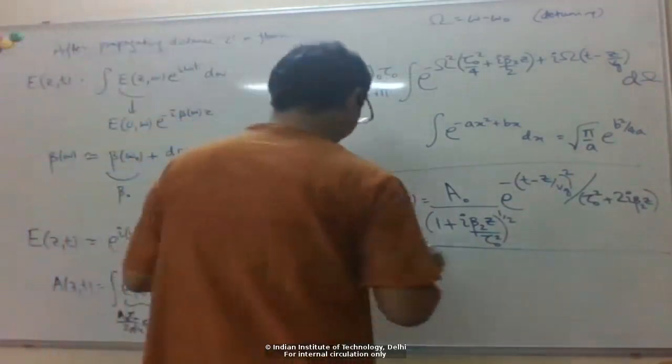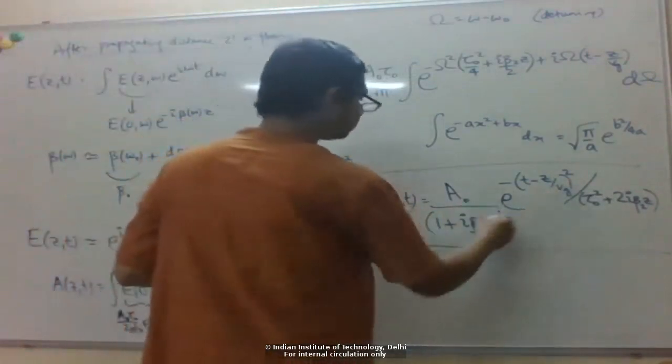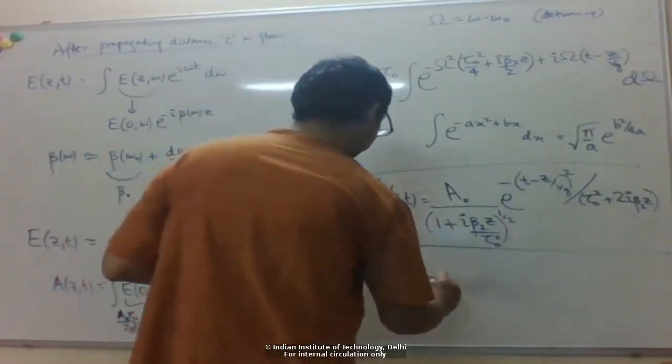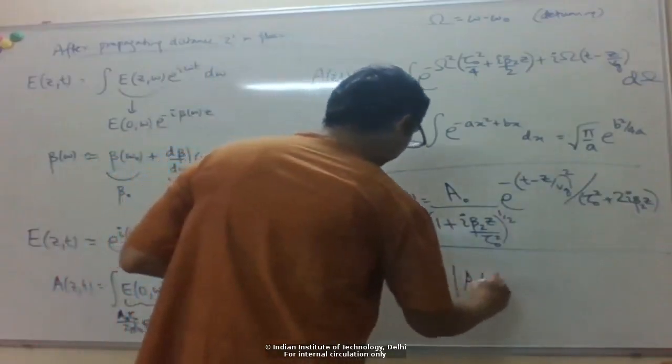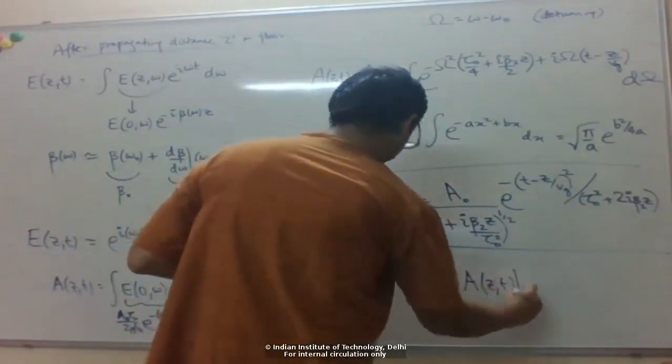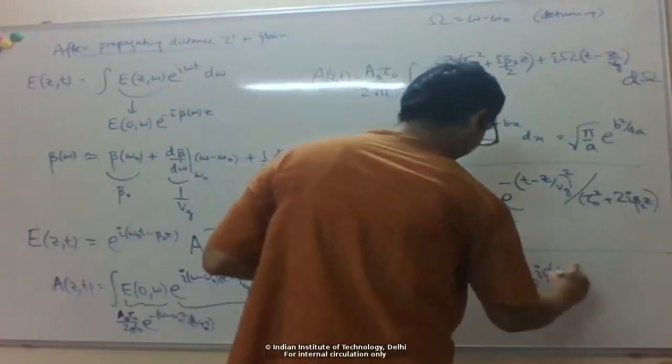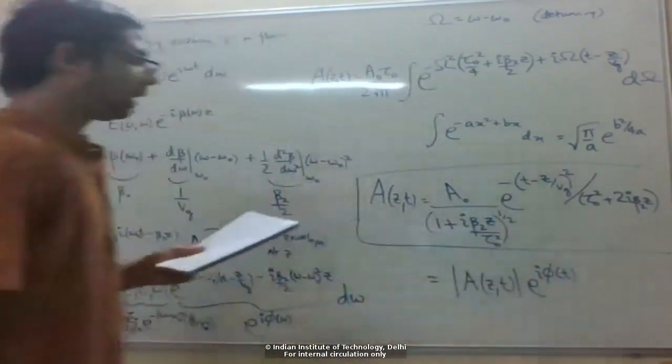It's easier to see if we, since these are complex numbers both here and here, write this as a real number magnitude times a phase. Now the phase will also be time dependent.